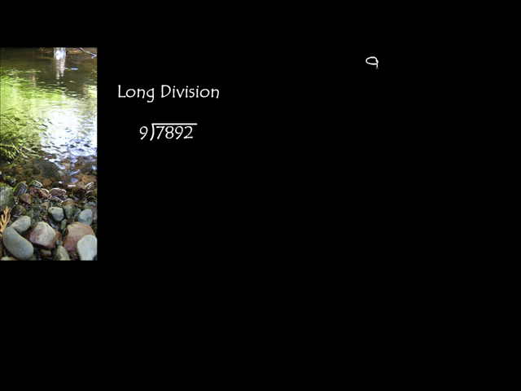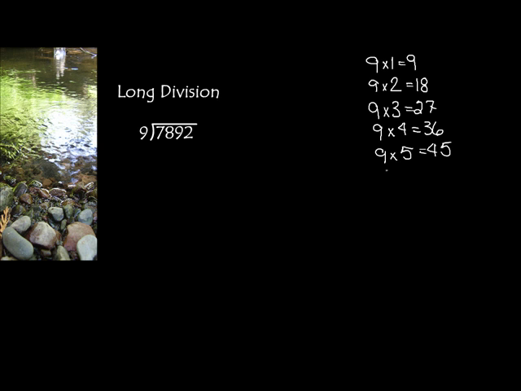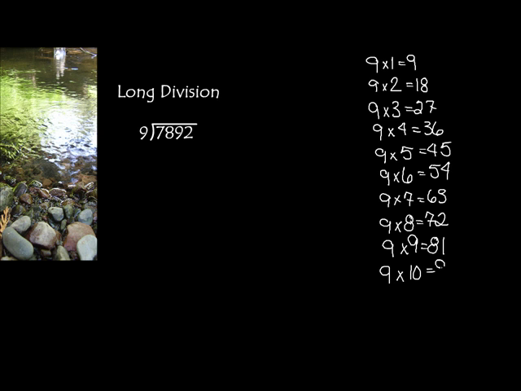So let's review those. 9 times 1 is 9. 9 times 2 is 18. 9 times 3 is 27. 9 times 4 is 36. 9 times 5 is 45. 9 times 6 is 54. 9 times 7 is 63. 9 times 8 is 72. 9 times 9 is 81. And then 9 times 10 is 90.